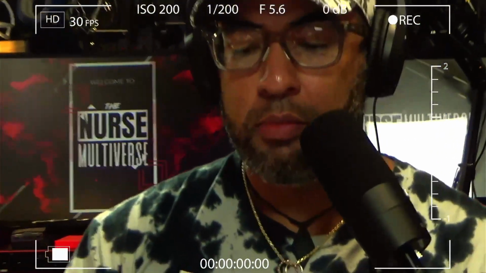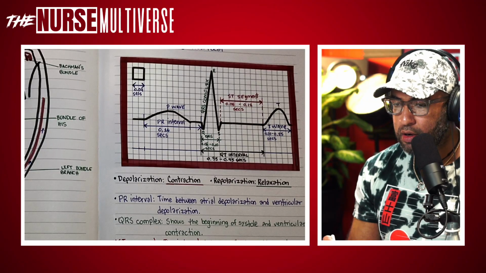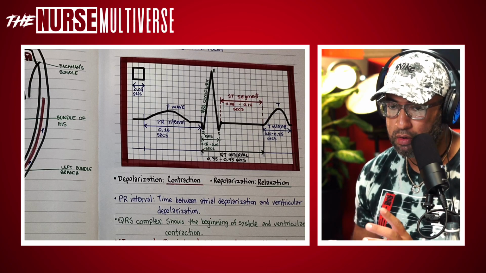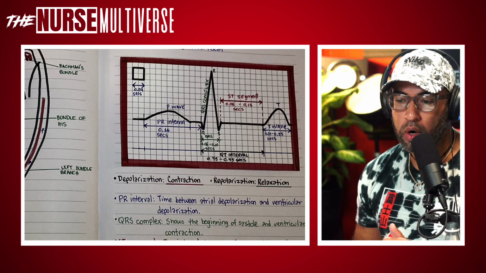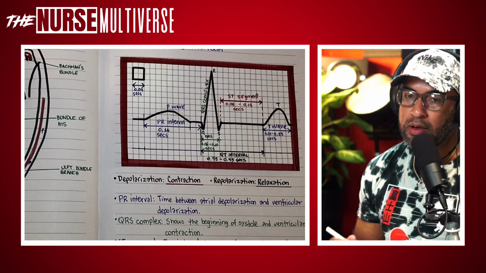The signals are taking longer to travel from the SA to the AV. And you can see this because of the space between your P wave and the QRS. It's either not following, so you get P waves without a QRS following them, or you get P waves with QRS following at irregular intervals. It's a conduction problem.